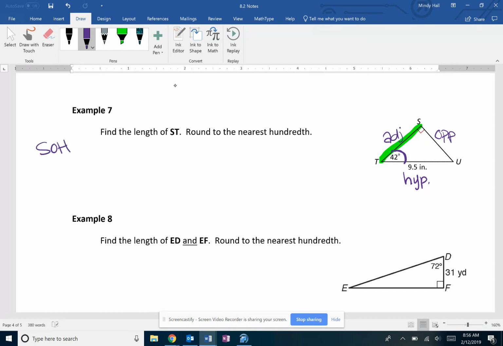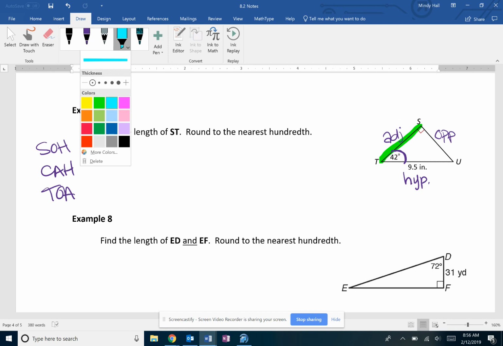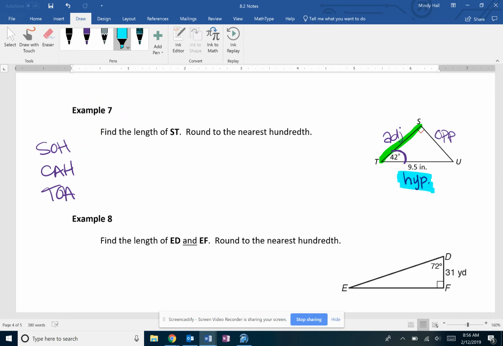So then, SOHCAHTOA. Looking at this, I have a hypotenuse measurement, and I need my adjacent measurement. The only thing that has adjacent and hypotenuse in its ratio is cosine. So we are going to use cosine of 42 equals adjacent, which we don't know, so x, over hypotenuse, which is 9.5.